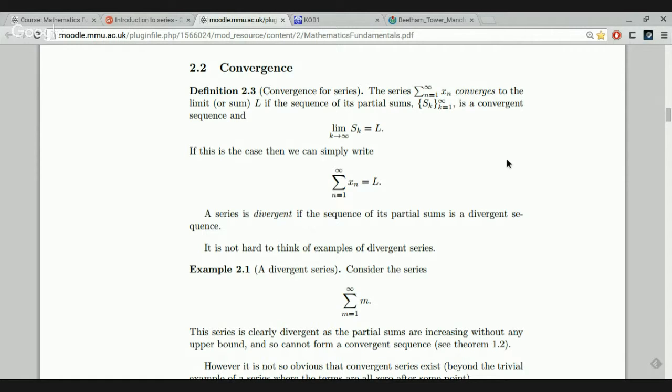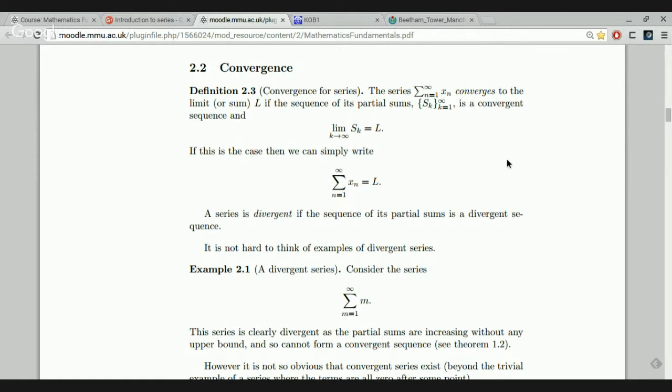So if it is the case that Sk is a convergent sequence, keep writing in what I'm saying.